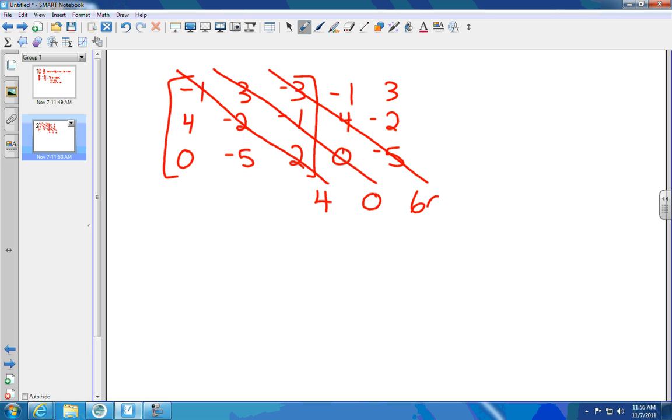Positive 60. And you do the same thing going the other way, diagonal. So we get 0 again, negative 5, and 24. Everybody still with me?